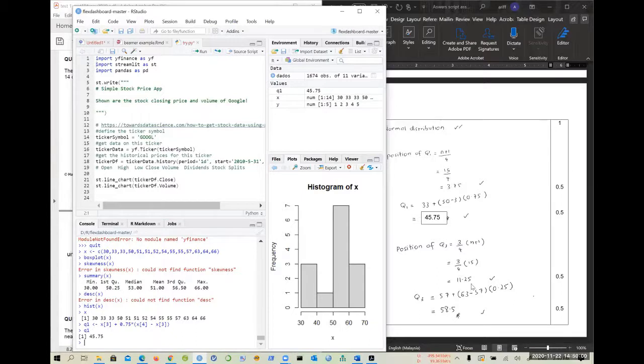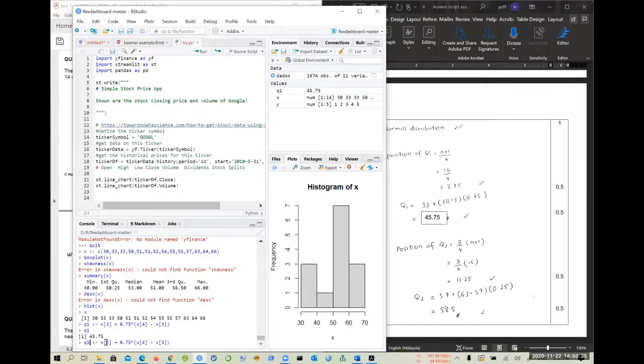So you get 11.25. So locate the 11th position. 1, 2, 3, 4, 5, 6, 7, 8, 9, 10, 11. So this is 11th position. Okay, 57 and 63, right? So these two values. So that means you can get the position for that one. So if you calculate this one, you're gonna get, okay, this will be Q3.